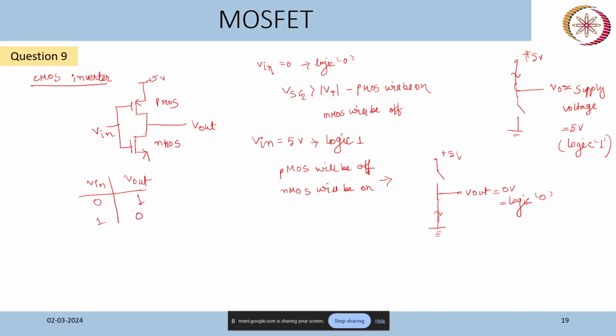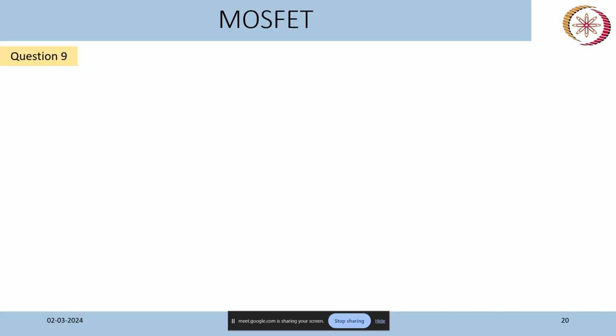Now similar concept is used to implement any logic gate, or any boolean expression basically, but let me concentrate on logic gates. So how are logic gates implemented using CMOS technology?